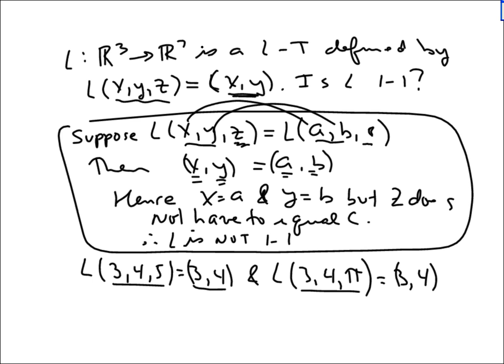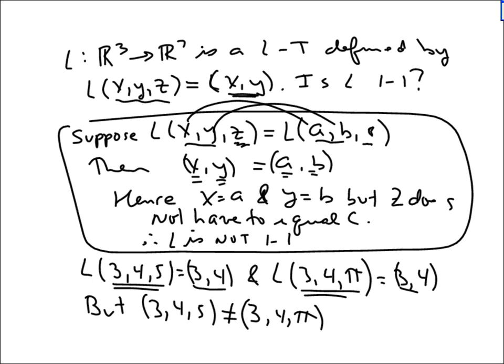They both equal (3, 4). But what I'm taking L of in the first case, (3, 4, 5), and in the second case, (3, 4, pi), they're not equal. That implies L is not one-to-one.